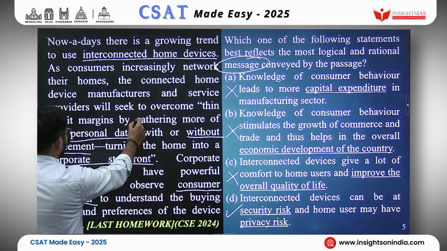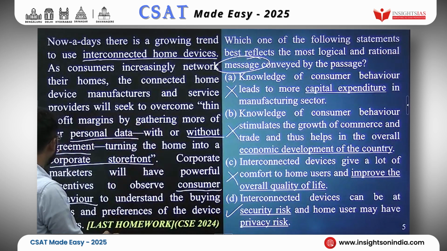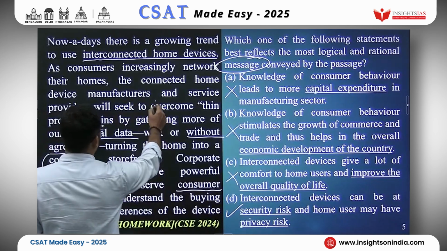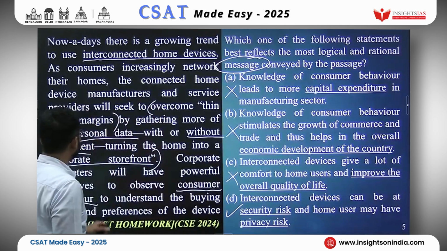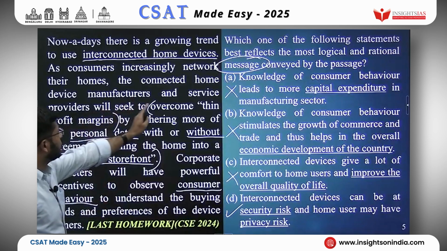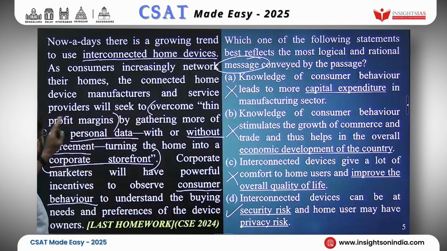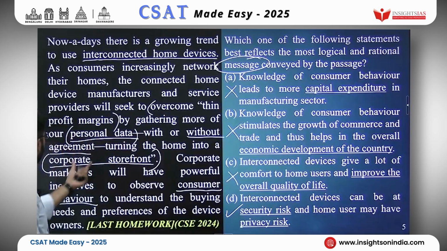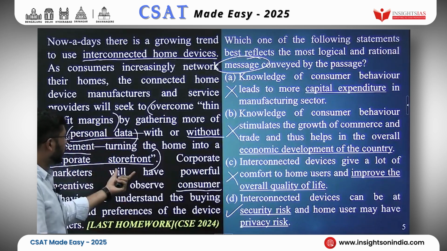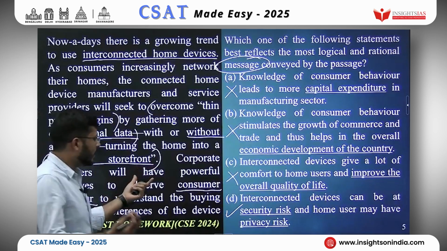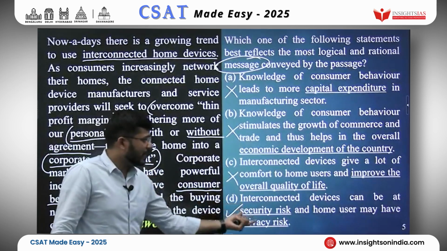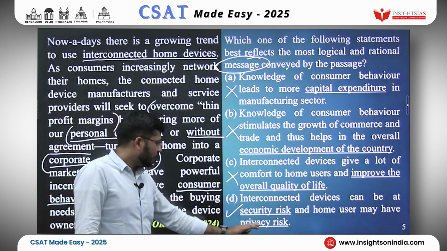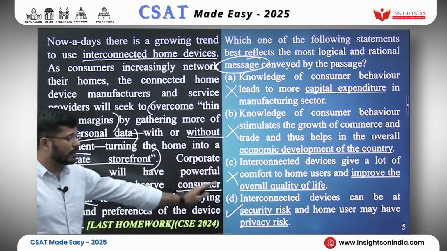I think gathering personal data and turning the home into a corporate storefront, overcoming thin profit margins, what does it indicate? It indicates a sort of security risk, and privacy risk is directly being referred to.